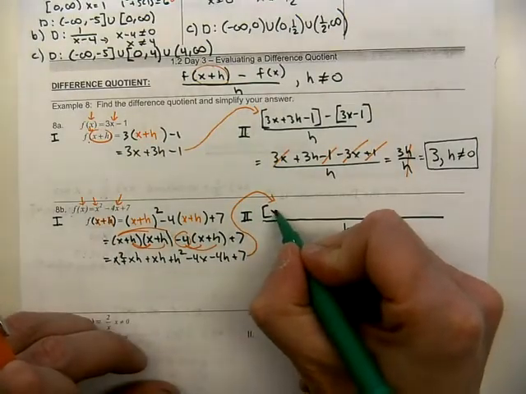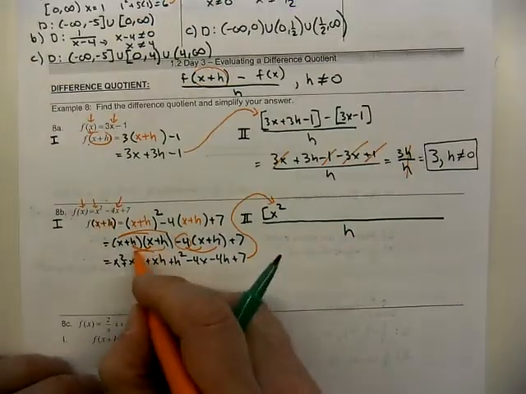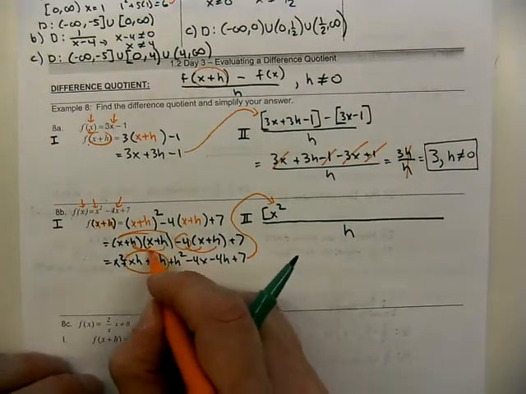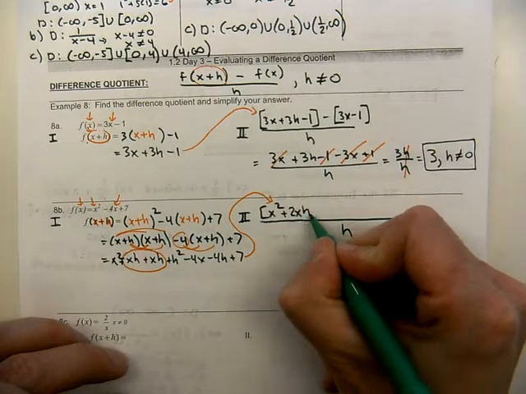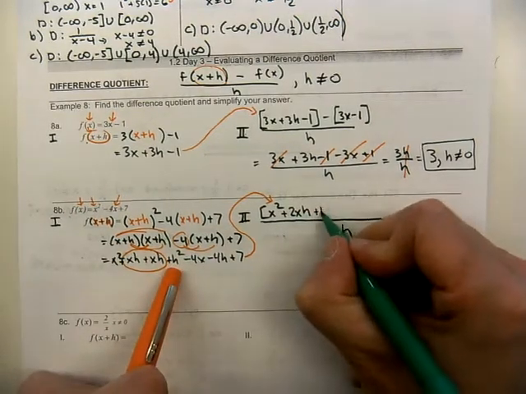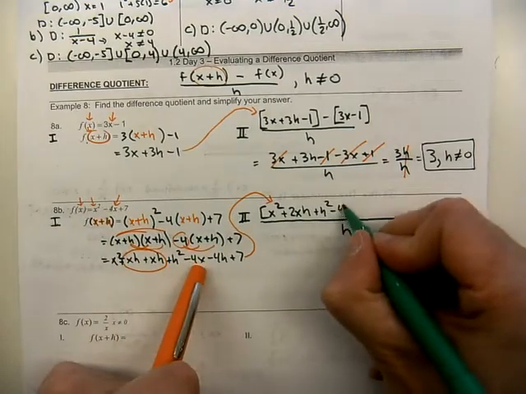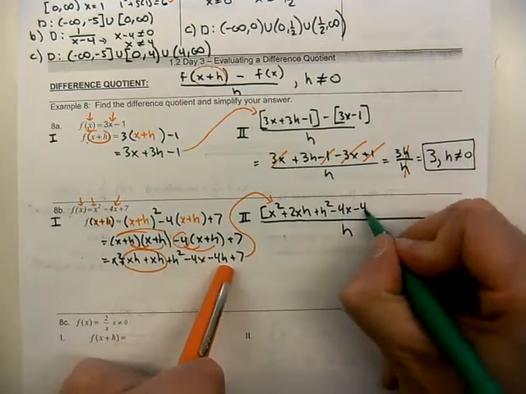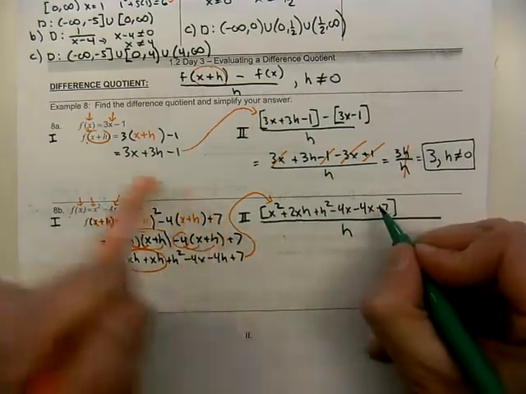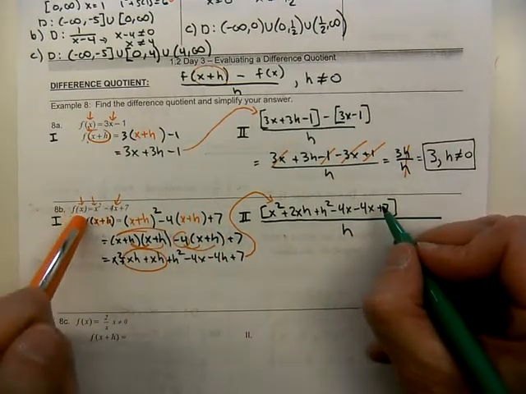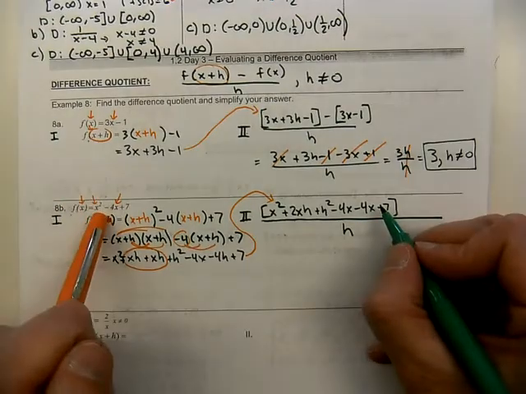So we have an x squared. Now I'm going to combine these like terms right here. So xh plus xh is positive 2xh. Then there's the plus h squared. There's the minus 4x. There's the minus 4h. There's the plus 7. All of that is the output from evaluating the function with that new input.